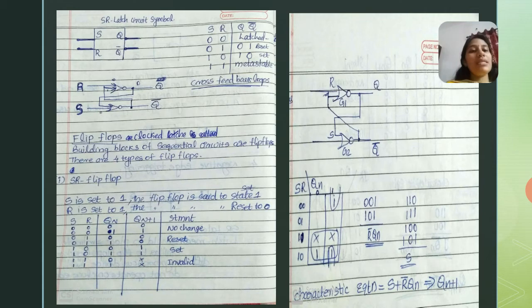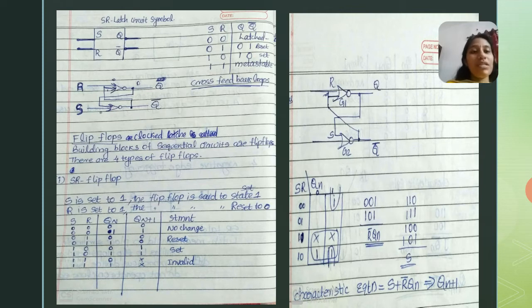If you are giving S as 1 and R as 0, then you are doing the set operation, that is, irrespective of the present state, the state of the flip-flop will be changed to 1. Okay, so you have to understand, if you are giving 0 1 as input, you are doing the reset operation, the present state is changed to 0.